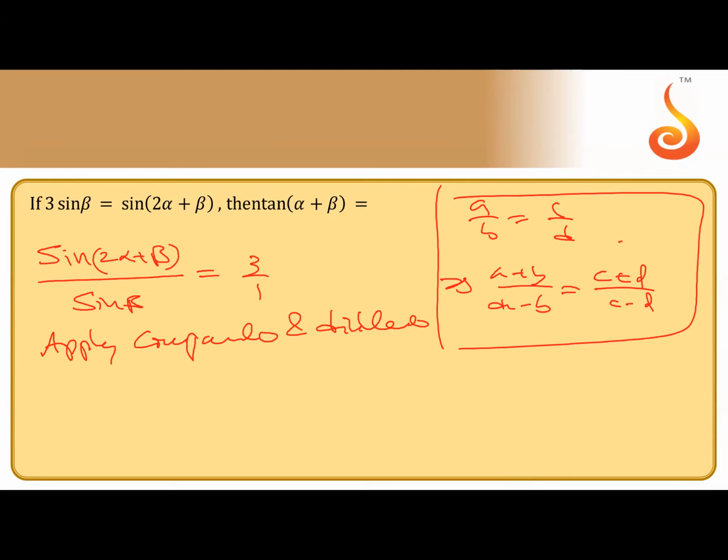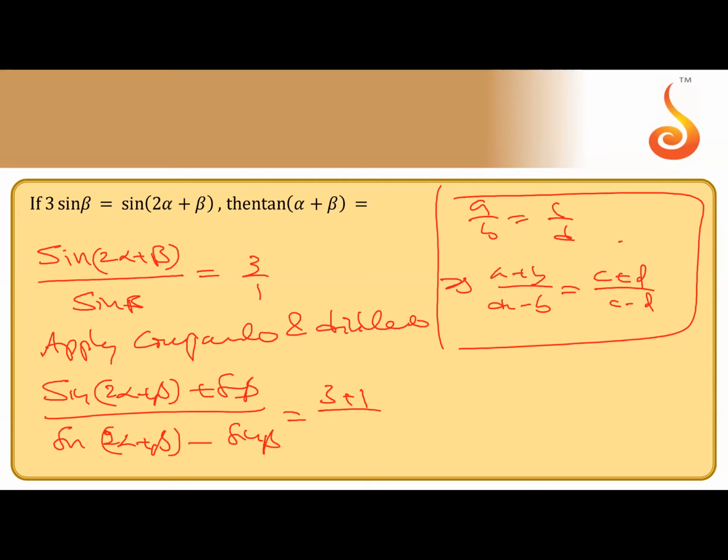Ratio and proportion. So this will give sine of 2 alpha plus beta plus sine beta by sine of 2 alpha plus beta minus sine beta equal to 3 plus 1 by 3 minus 1. Just now I gave one formula, sine a plus sine b by sine a minus sine b. What is the formula?